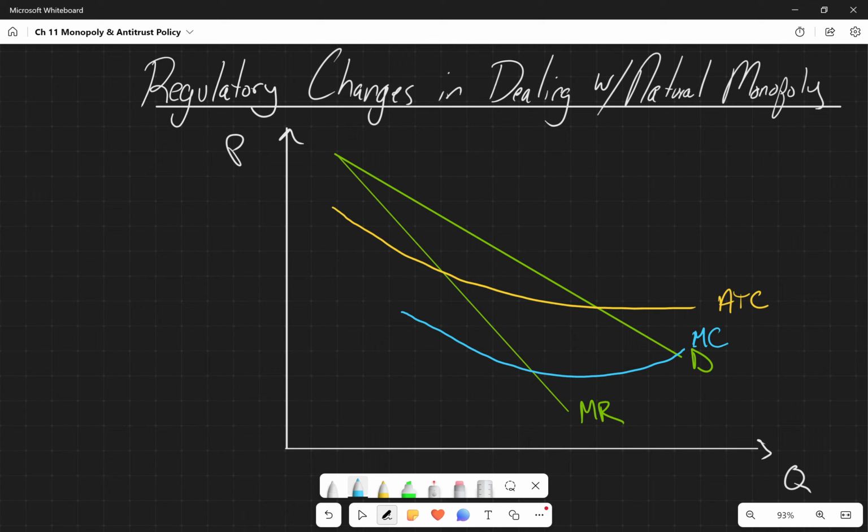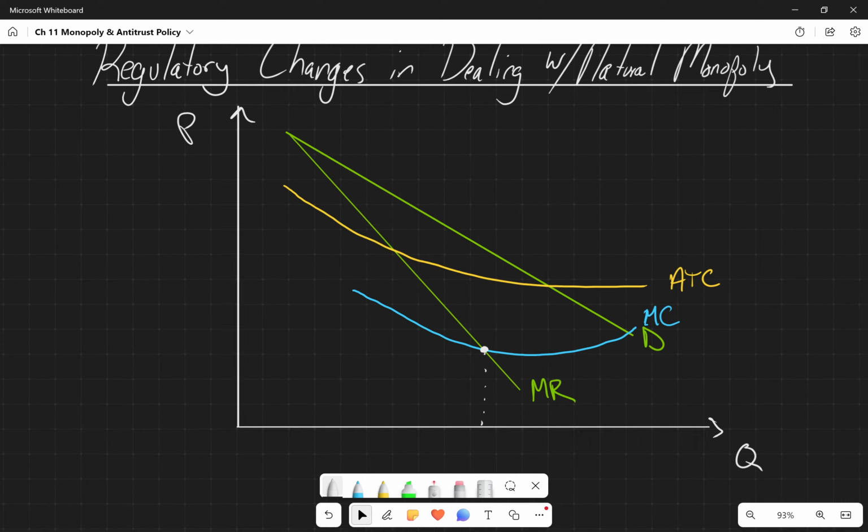And regulators have a choice to make. The natural monopoly on its own is going to maximize profits by producing the quantity where the marginal revenue is equal to the marginal cost. So a natural monopoly is going to choose this point right here as their profit maximizing quantity.